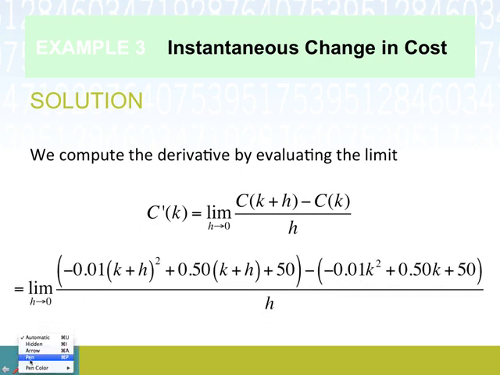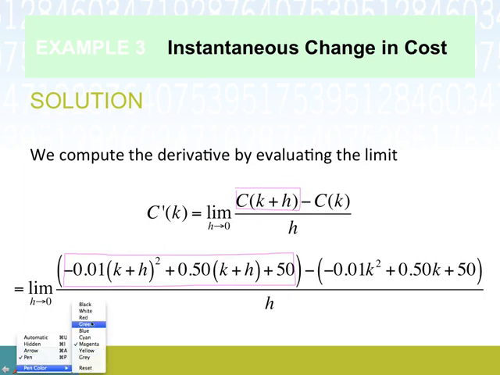But this is really just taking the same structure that we had before. Since our cost function was a little more complicated, this whole piece is c of k plus h. And then our other function, just the function back again, no changes in input, is this second set in parentheses.